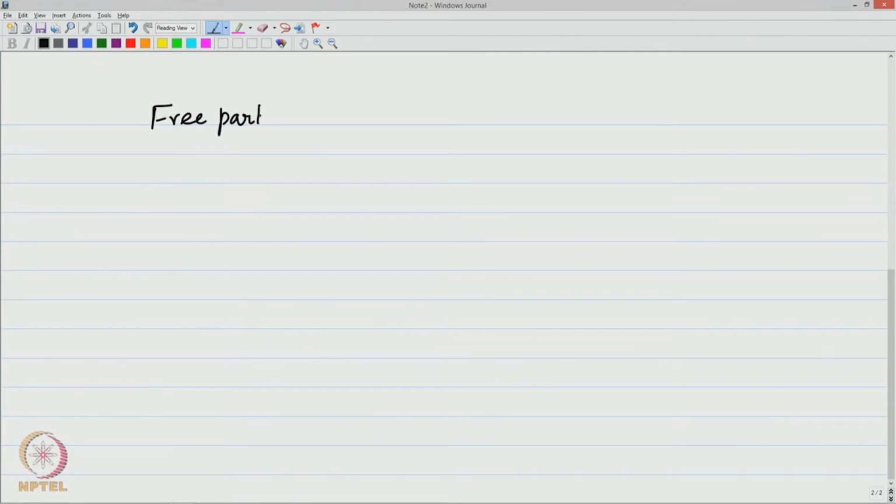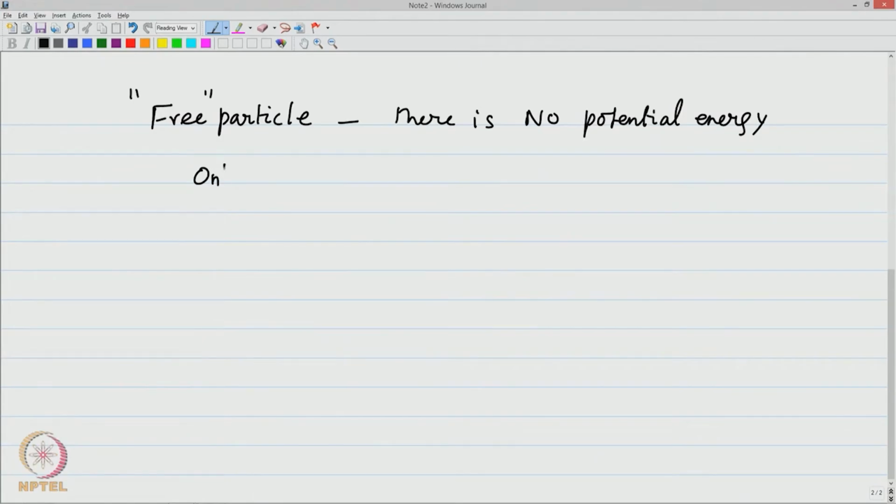When you say free particle, it means that there is no potential energy acting on the particle. Therefore, it has only kinetic energy.